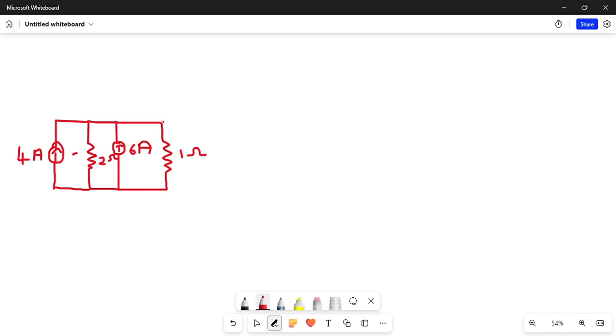And here it is nothing but you have 2 ohm resistance in parallel with 3 ampere.